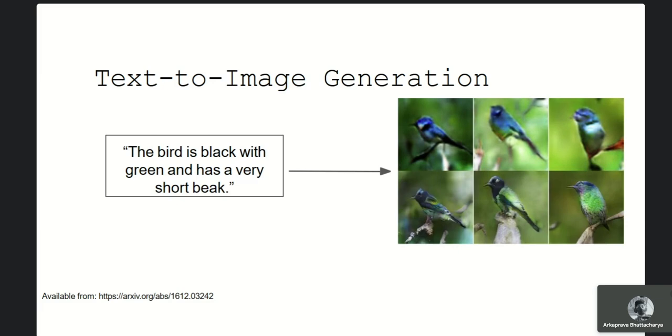So stack GANs were already in place, and this is from where they started applying those diffusion models and started generating images from the text actually. And in fact, ma'am talked to you about DALL-E 3, but the initial versions of DALL-E started with stack GANs only, and then they switched to diffusion models.